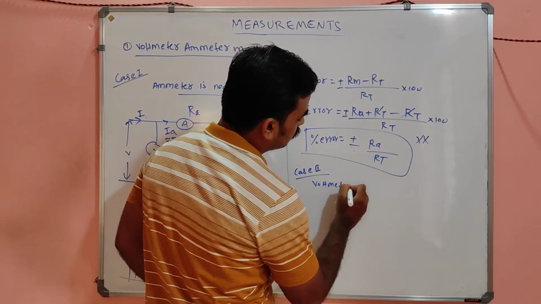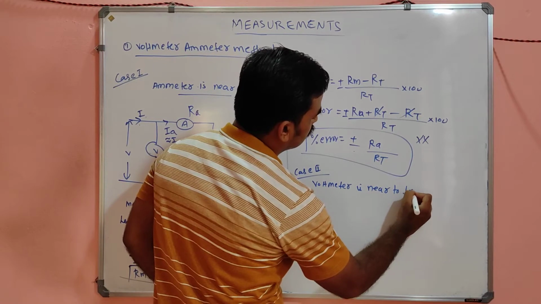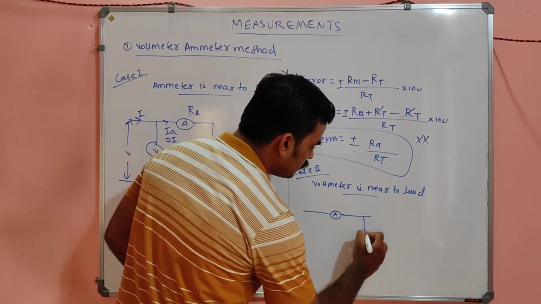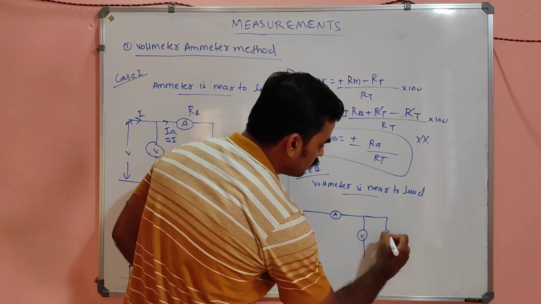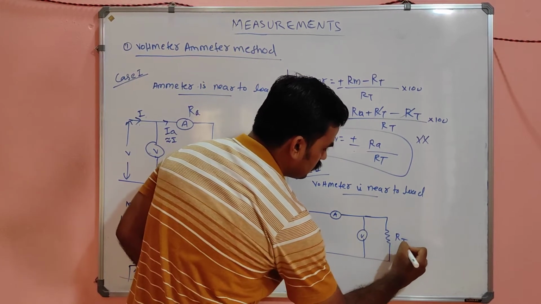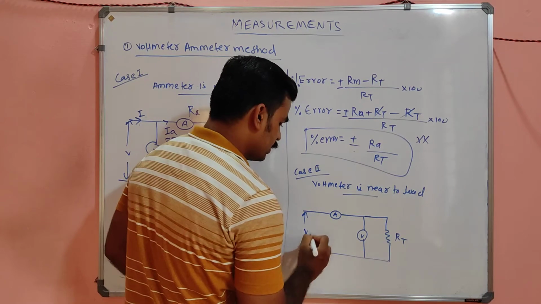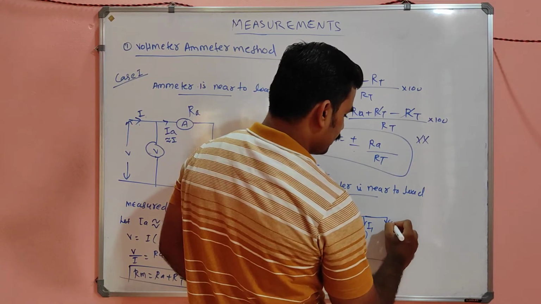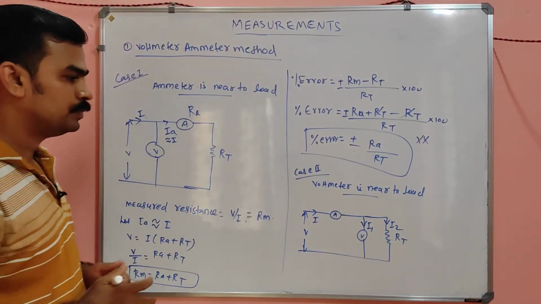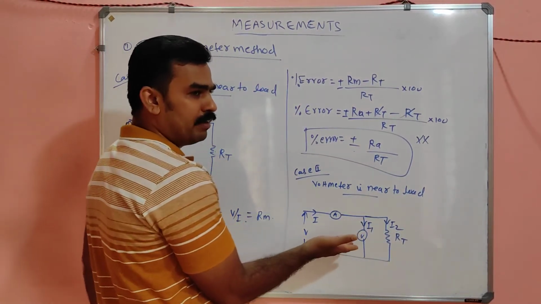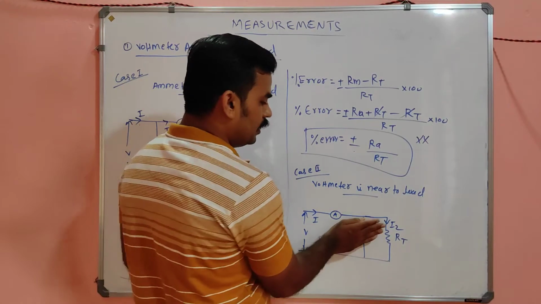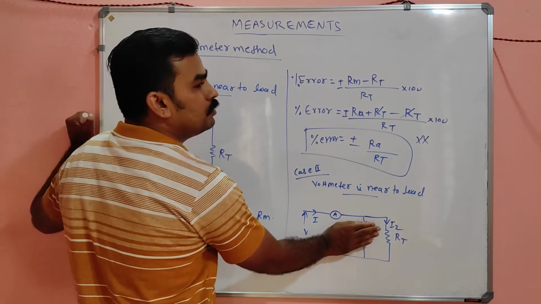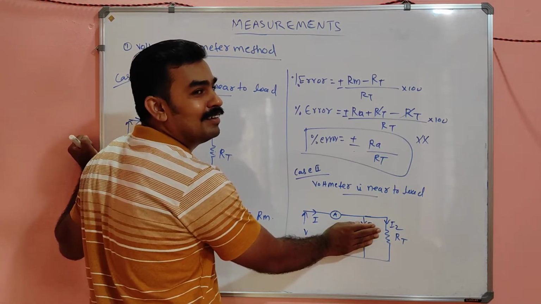Voltmeter is near to load. Now I can't simply neglect the voltmeter having very high resistance, because if I neglect it, it will again give the same effect, the same error as in the ammeter case.